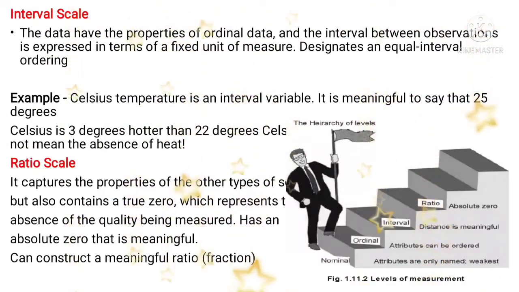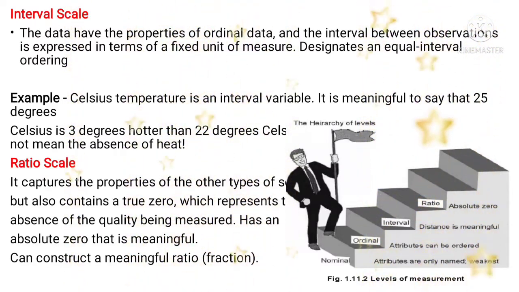Next is the interval scale. Interval means there will be an equal interval between the data. It must be in a fixed format. One value and the other value have an equal interval, that is, an equal difference between the values. Next is the ratio scale.